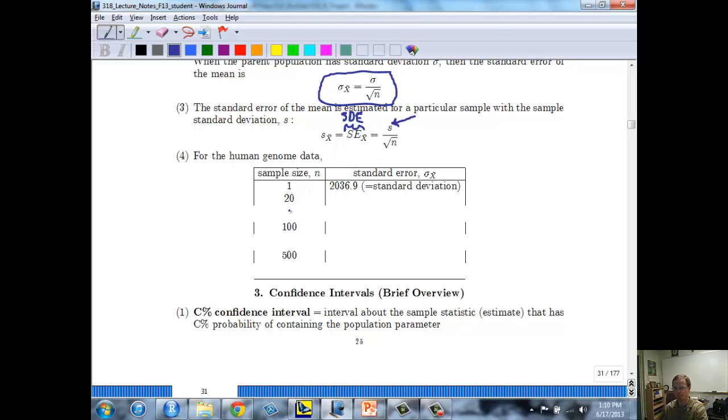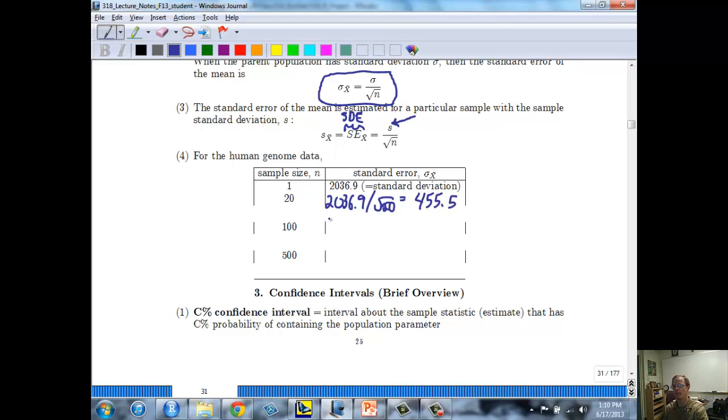To illustrate, if we have samples of size 20, then that would be the population standard deviation, 2036.9 over root 20. That number turns out to be about 455.